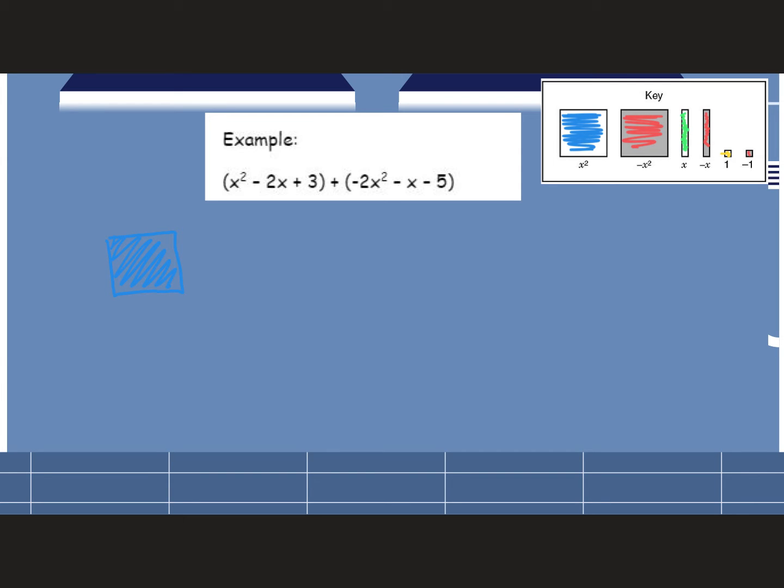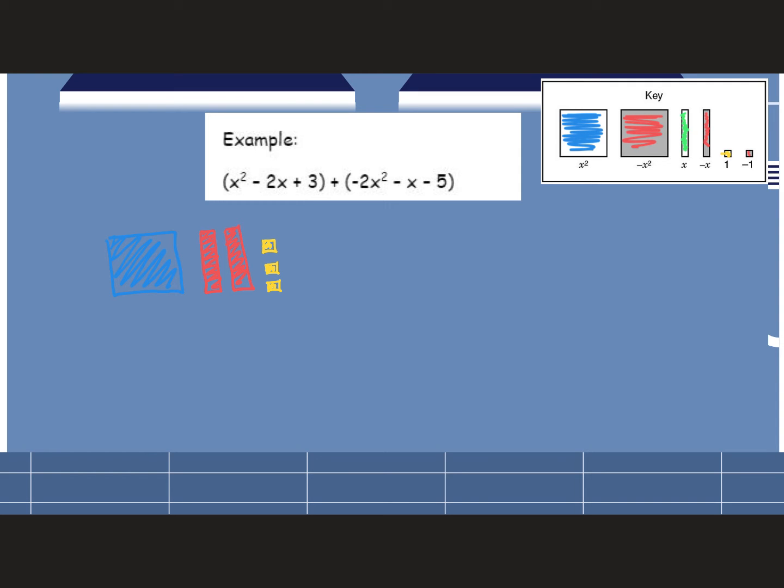I have negative 2x, so I'm going to use 2 of my rectangular tiles, which represent my negative x. And I'm sorry, I'm not an artist, so I apologize for my crooked lines. And I'm going to have 3 of my smaller square tiles to represent my plus 3.